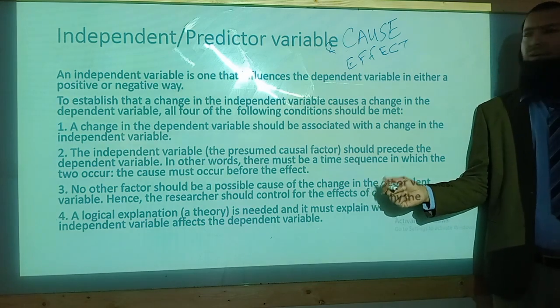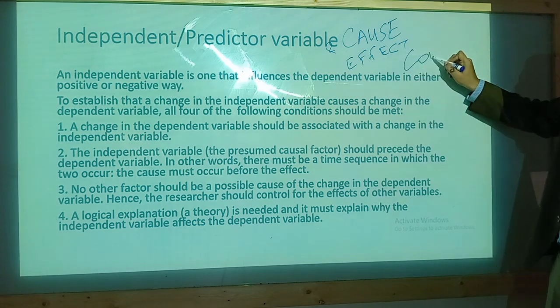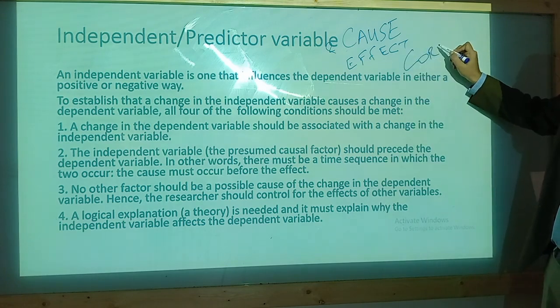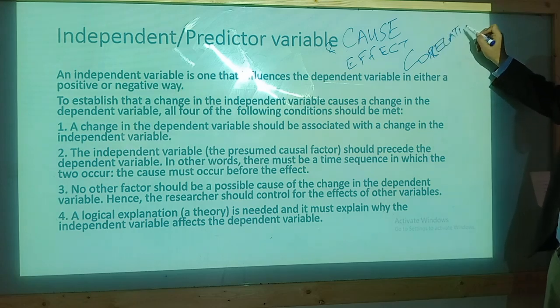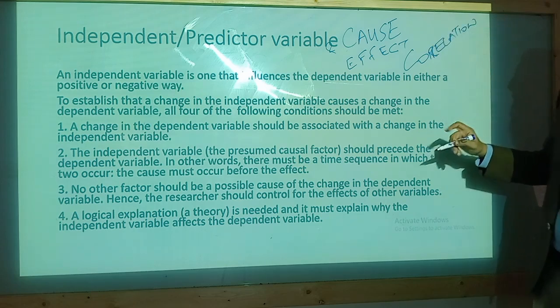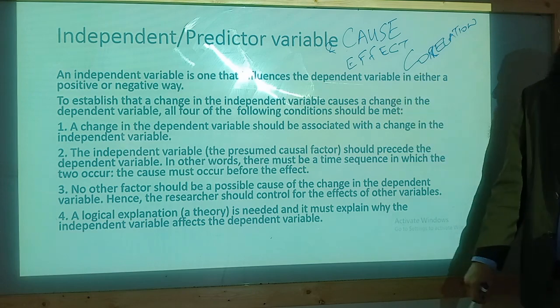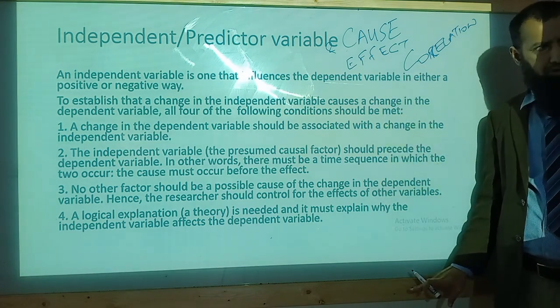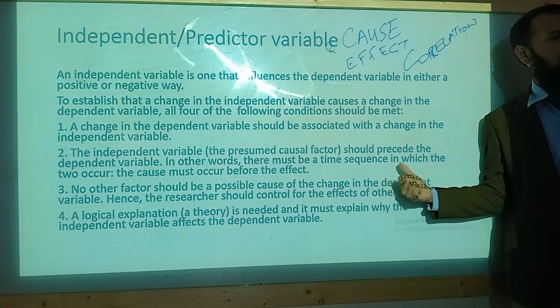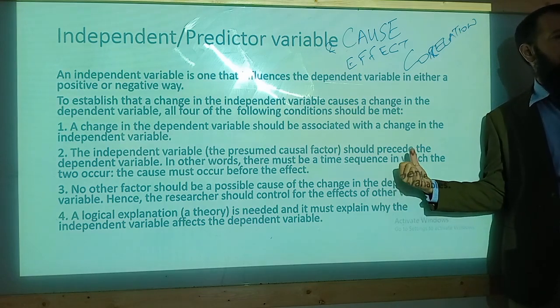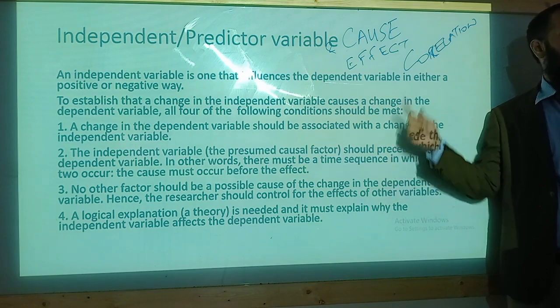So when you are using the correlation, you are talking about... actually you do not need all four to happen. But still it is the best independent-dependent relationship, that is the causal relationship.